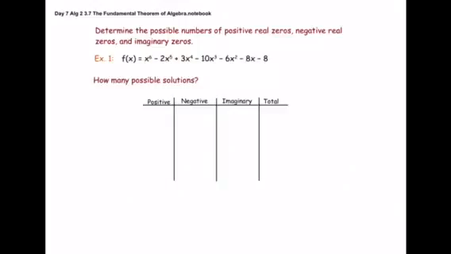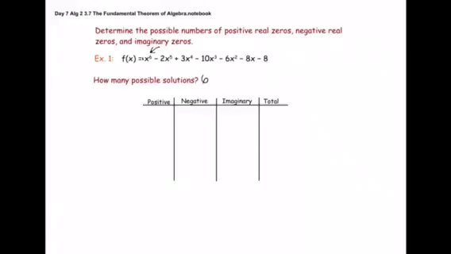So what does that mean? Well, let's take a look at example 1. If we want to determine the possible number of positive real zeros, negative real zeros, and imaginary zeros, first we want to look at our largest exponent. So we know we have a possibility of 6 total solutions. We then want to take a look at our positive sign changes.